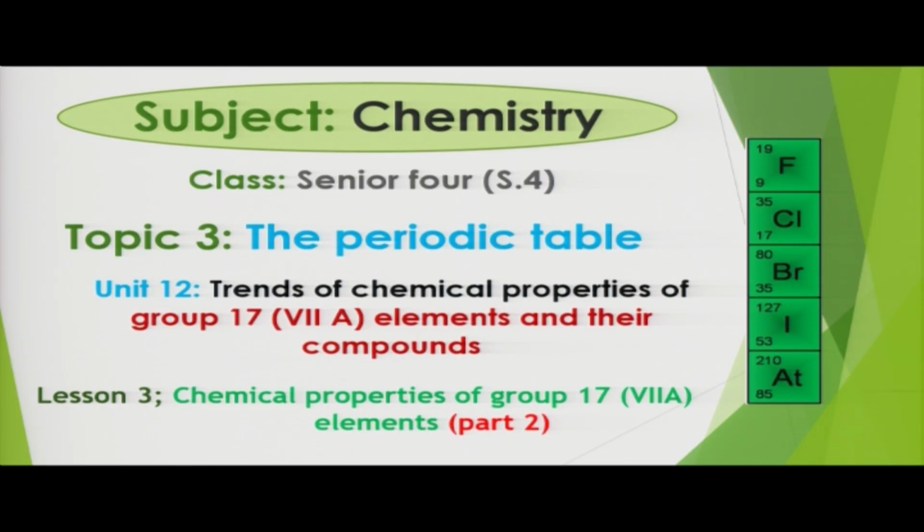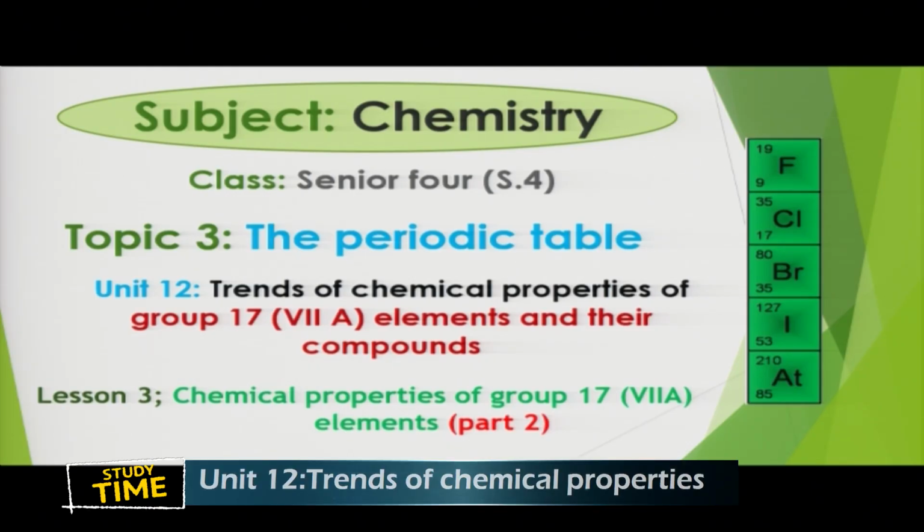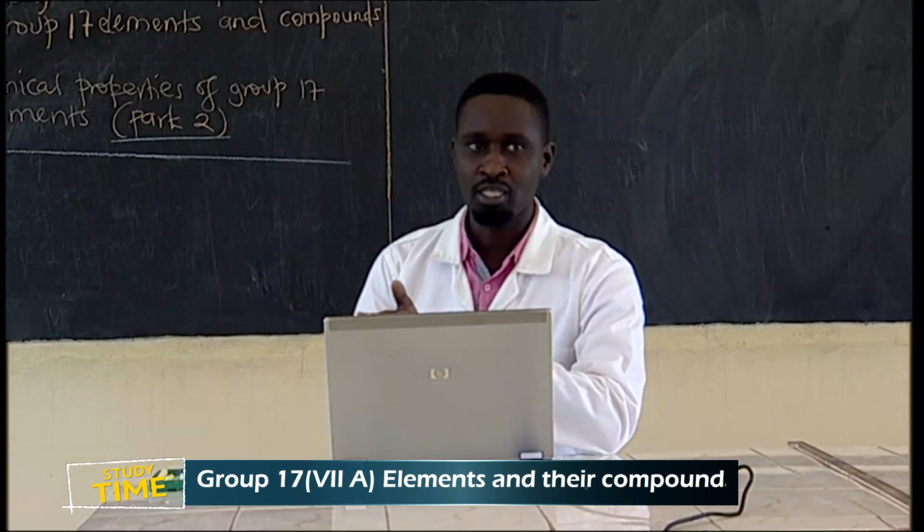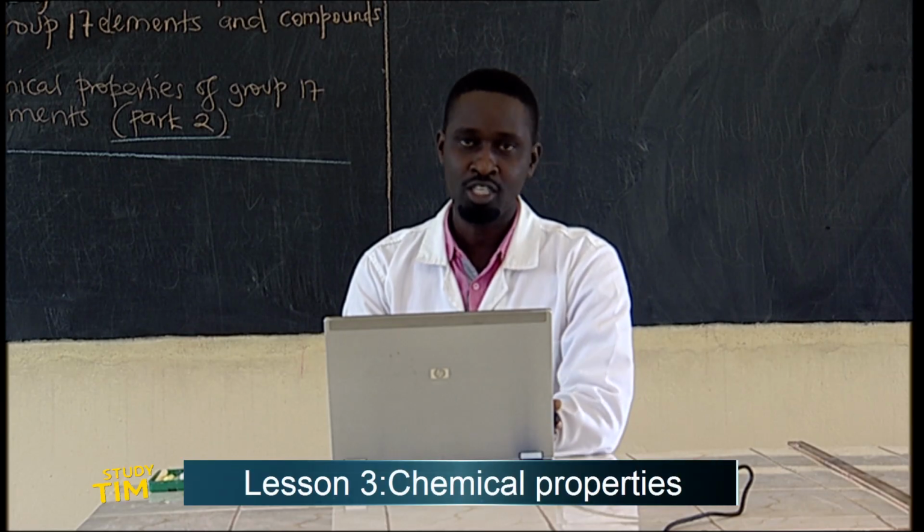Then we are now on lesson 3, which is about the chemical properties of group 17 elements. I named it part 2 because we are continuing from lesson 2, which was also about the chemical properties, but in this case we shall be looking at different properties compared to what we looked at in the previous lesson.